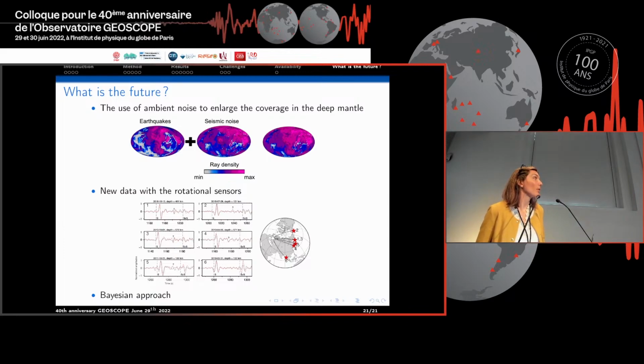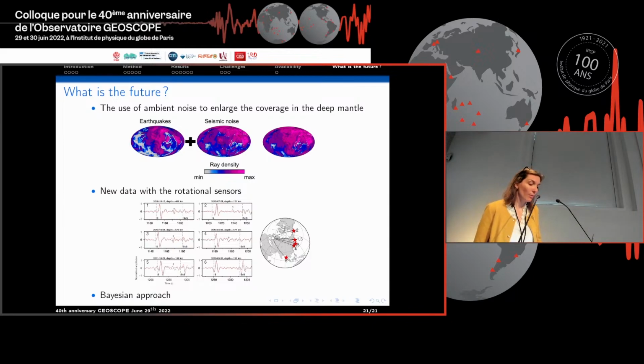So we still need to understand these recordings, but that's also maybe a good opportunity for tomography in the future to have new data and to constrain the mantle structure. There are other data, I cannot mention everything here, but just to say that there are many things to be done in the future.